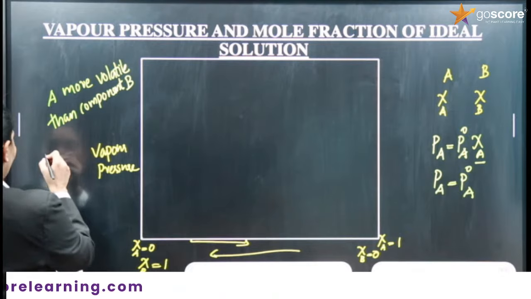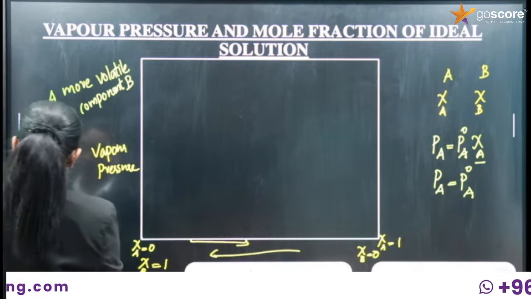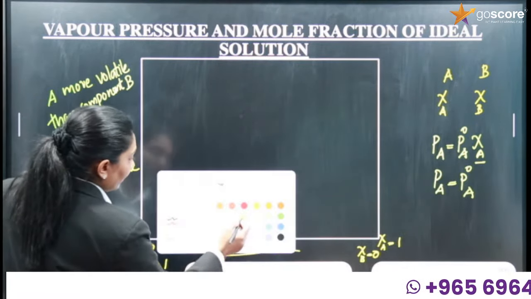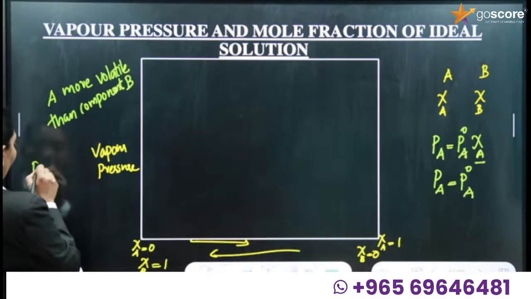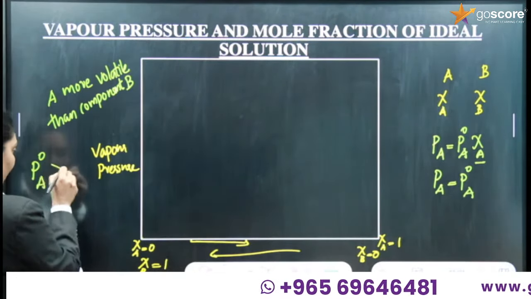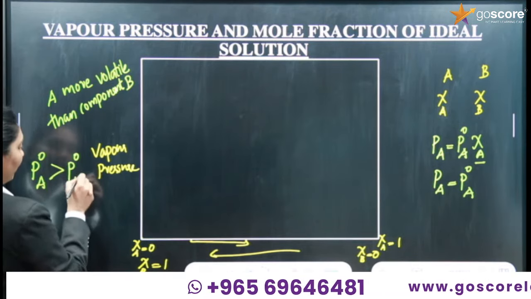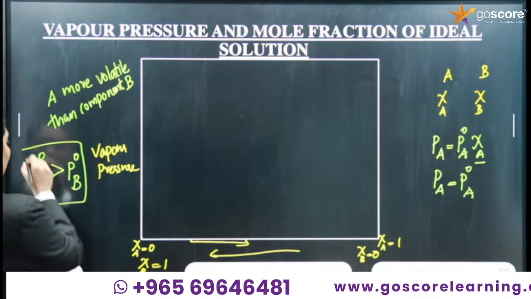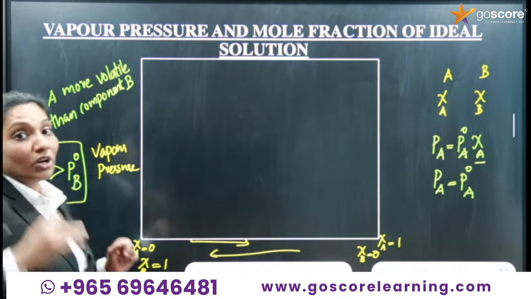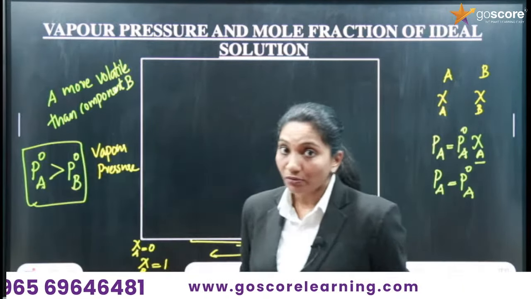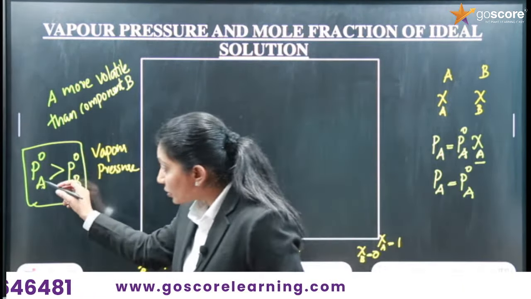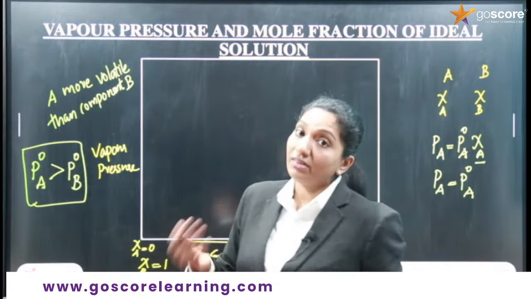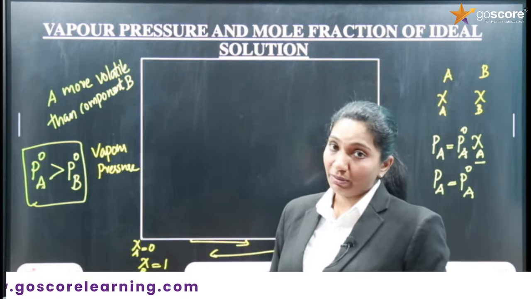So what can I write here? P naught A is greater than P naught B, right? Why? Because A is more volatile, so it will produce more vapors. So of course the vapor pressure of component A will be greater than that of component B, right?